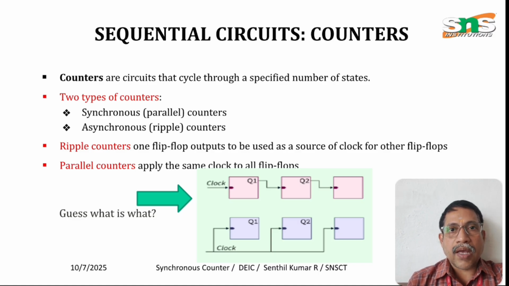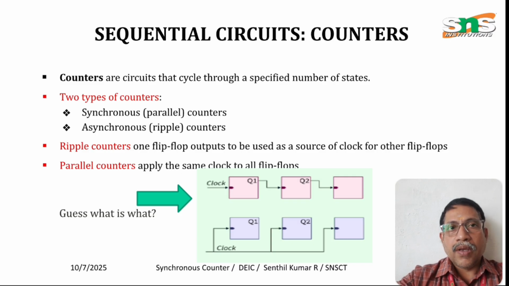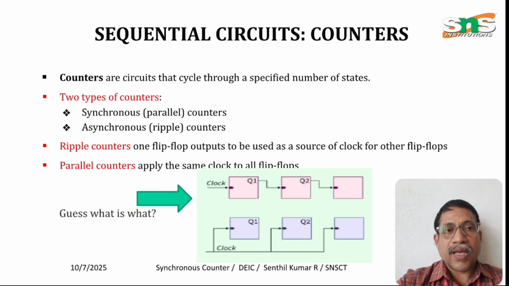Then it is a ripple counter. Whereas see here in the next, the pink color flip-flops are parallel, since the clock pulse is connected parallelly to all the basic building blocks, the flip-flops. For a counter circuit or for sequential circuits, the basic building block is a flip-flop.